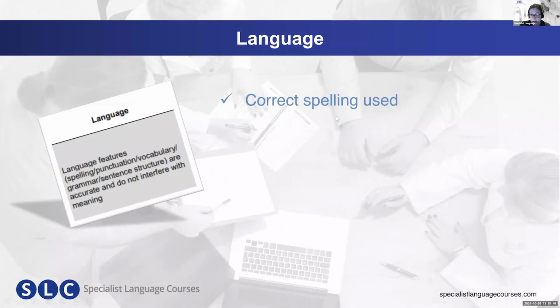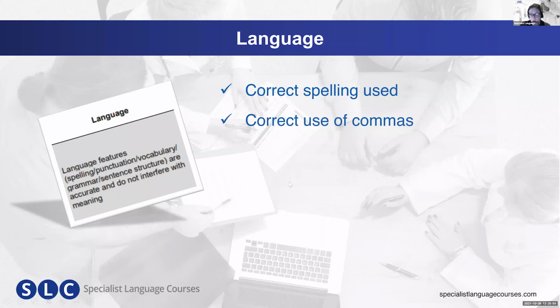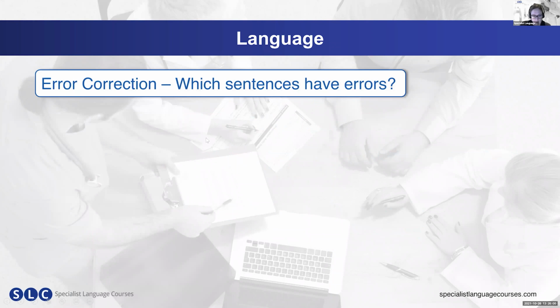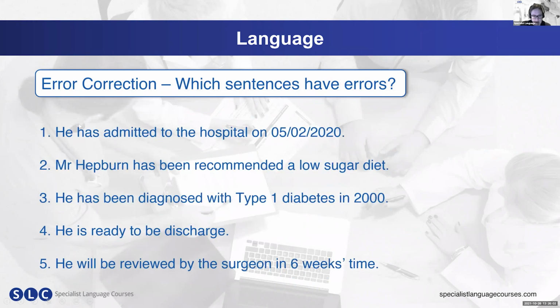We need to make sure that we're using correct spelling, correct use of commas, using appropriate grammar for the context, and make sure that it's accurate. So, quick activity for you. Here are 5 sentences. In the chat box, I would like you to just type which sentences have errors.